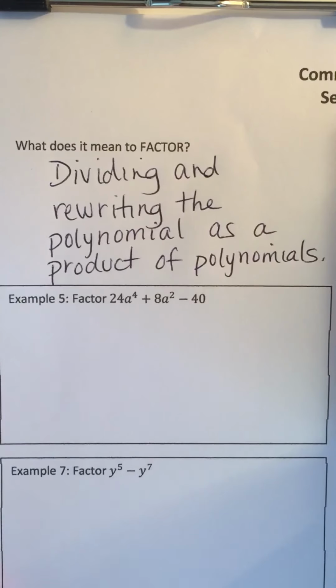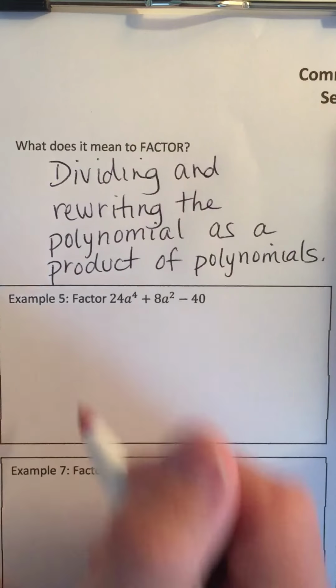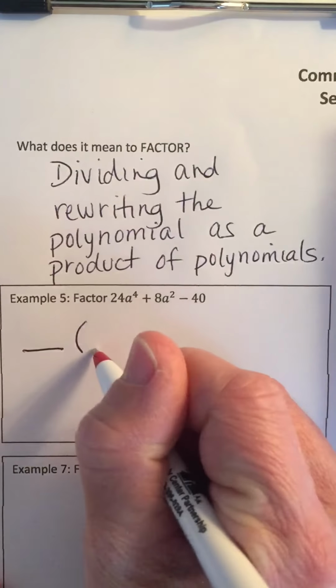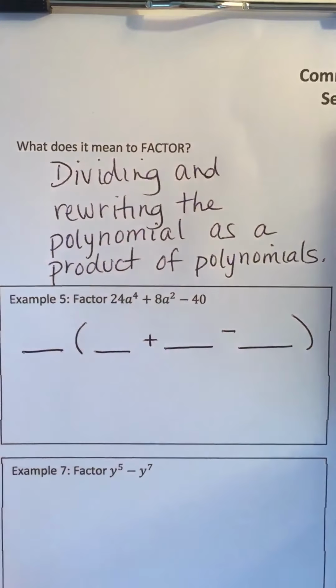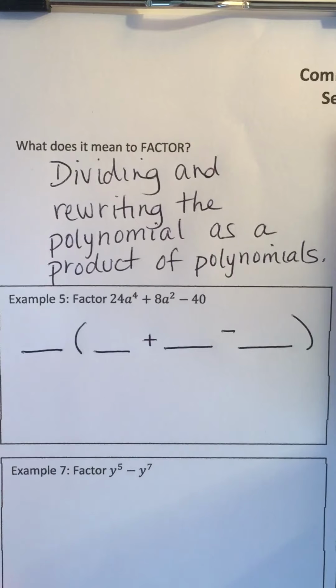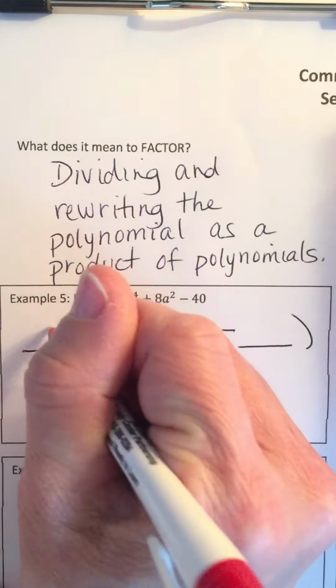Example 5. Factor 24a to the 4th plus 8a squared minus 40. We have a trinomial to start with, so that means we're going to have something outside our parentheses and then a trinomial inside. The largest number that factors out of those coefficients is 8.